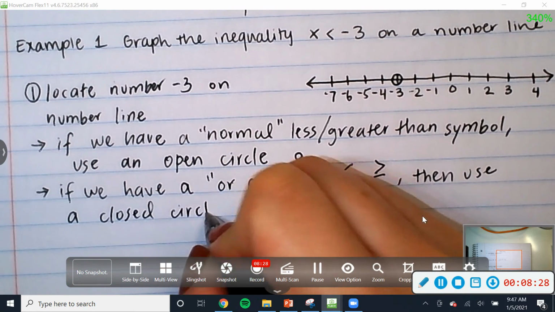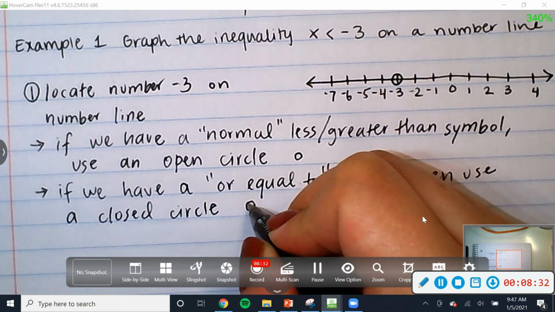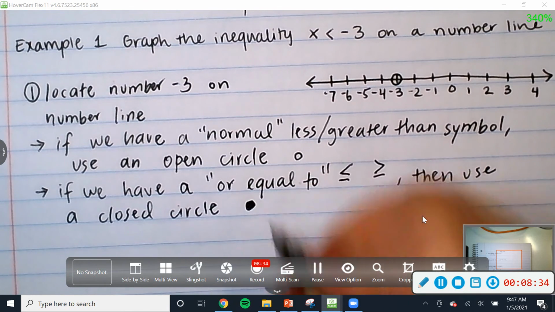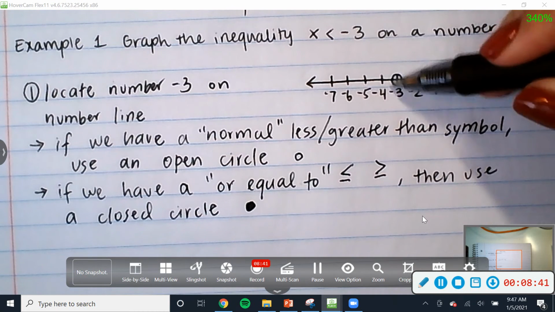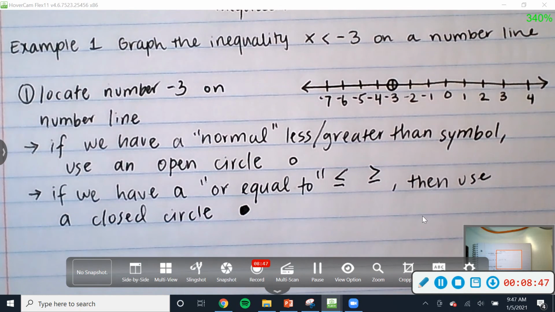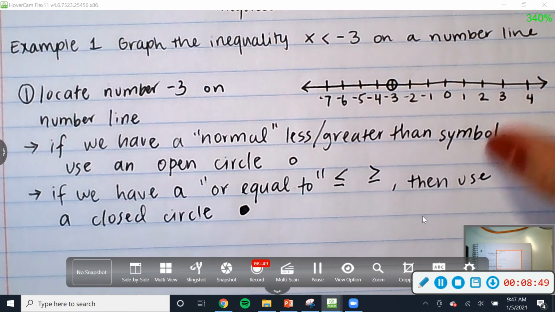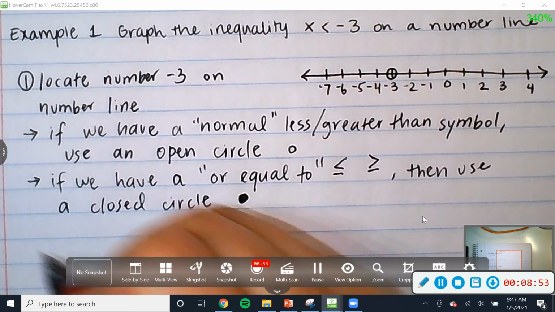Or a filled circle. So that means that instead of this open circle, we would have to fill it in. Okay, we use this filled circle. So in this case, it's a normal symbol, so we use an open circle. I'm going to finish graphing this, and then we'll talk about why we use open circle, why we use closed circle.